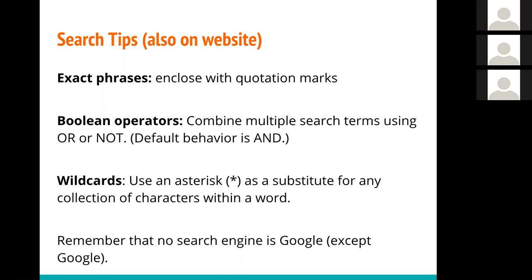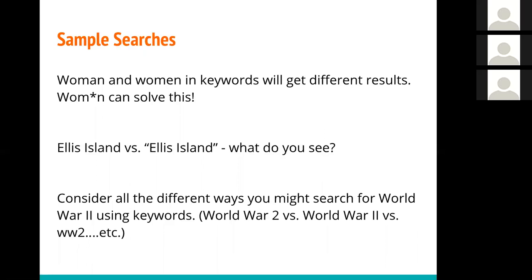So let's look at how those search tips might work in practice. For example, the words woman and women in your keyword search will generate a whole different set of results. If you use that wildcard character, that will solve it because it will search both terms at once. So you make sure you're not missing anything from a keyword search in that way. The second example shows how quotations around a phrase like Ellis Island might help narrow your set of search results.